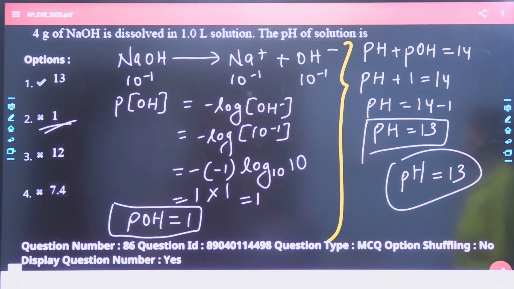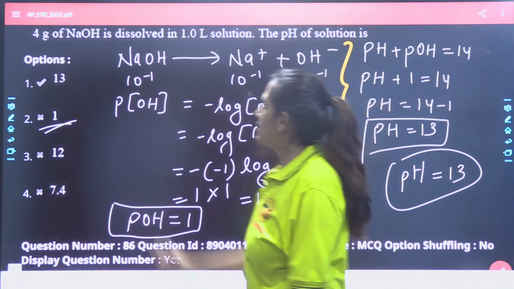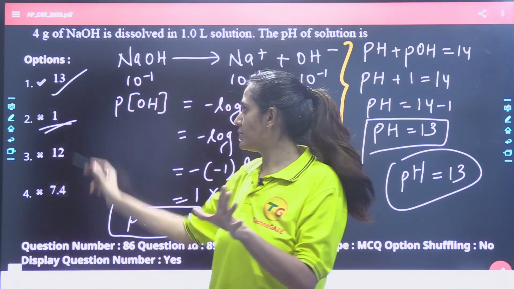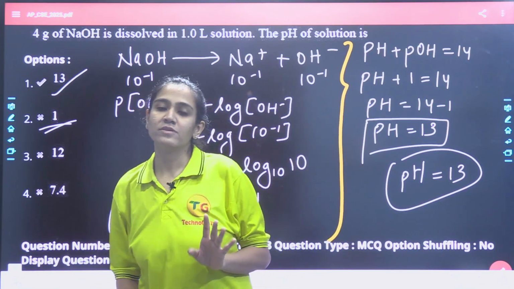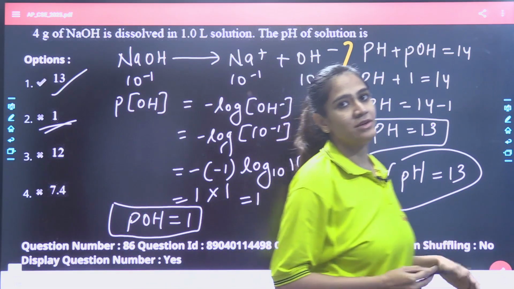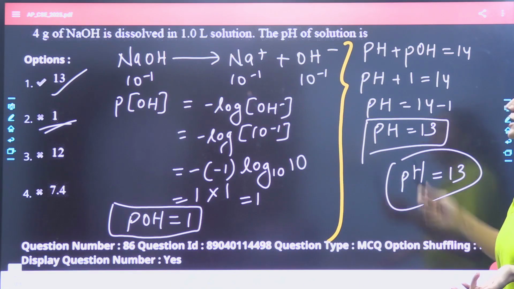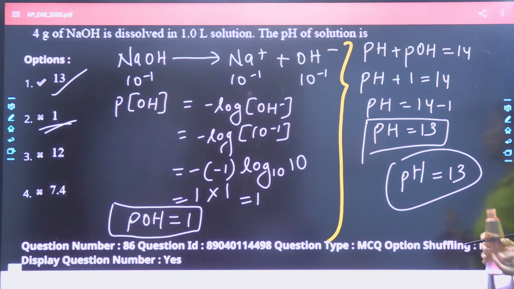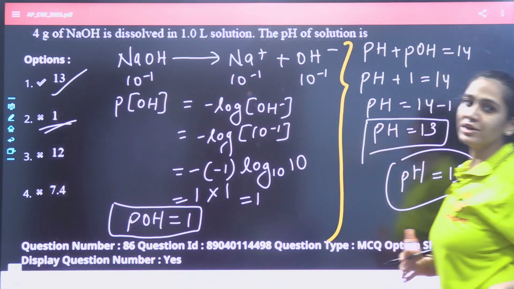So our correct option is 13, but the wrong options would also be there in the 4 options, so use your brains wisely, whether we are finding pH values or pOH values. Clear? First of all, we need to find out the number of moles, because here we need to put concentration terms.